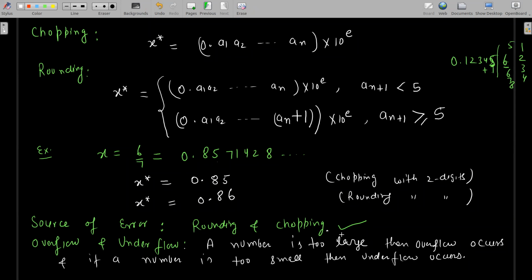Okay. बाकी आजकल कंप्यूटर स्मार्ट है, मैटलैब you won't get any problem. So these were classical problems when computer had finite limits. So these overflow and underflow, they were problematic. Okay.